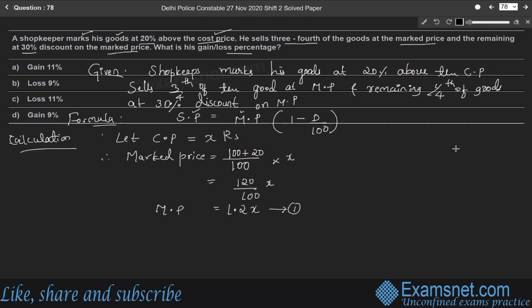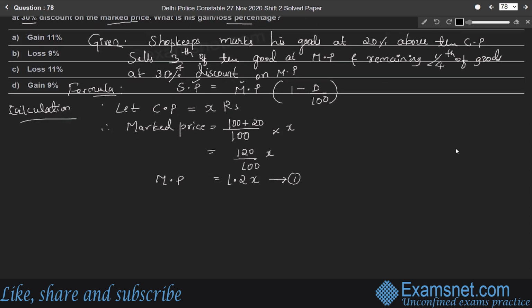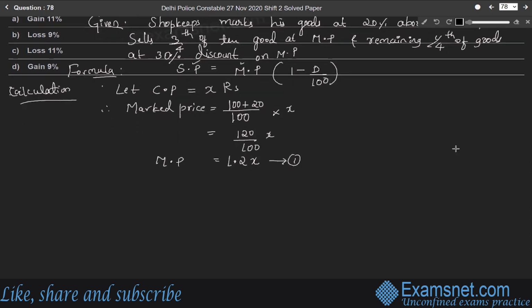Now, selling price of 3/4 of the goods. According to the question, he sells 3/4 of the goods at the market price and the remaining at 30% discount on the market price. So selling price of 75% of the goods is 3/4 into market price, that is 1.2X.